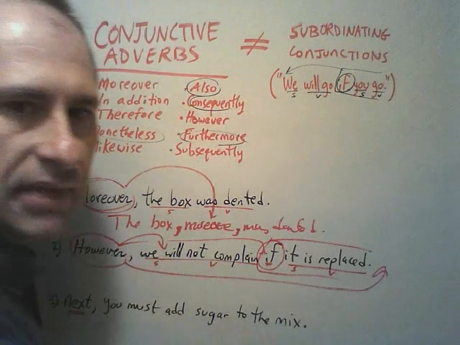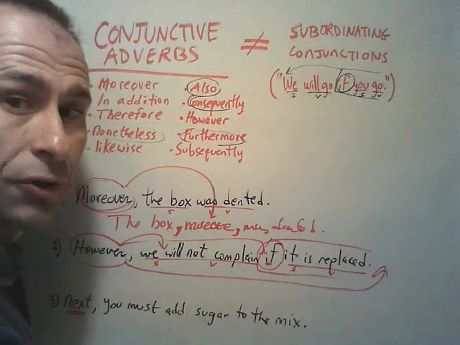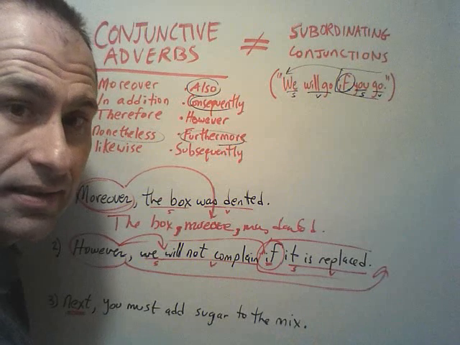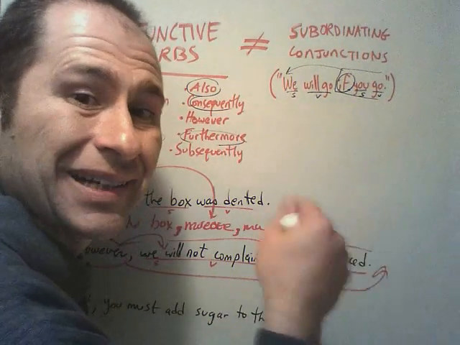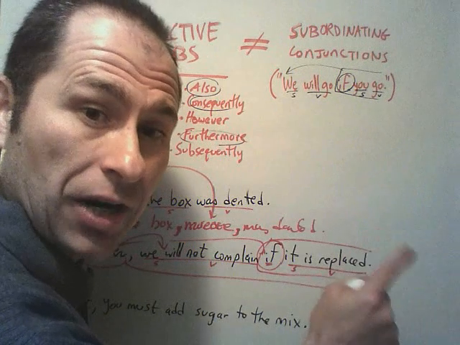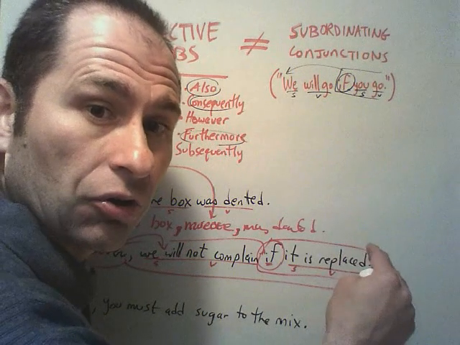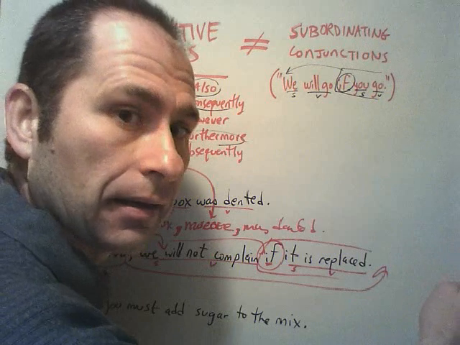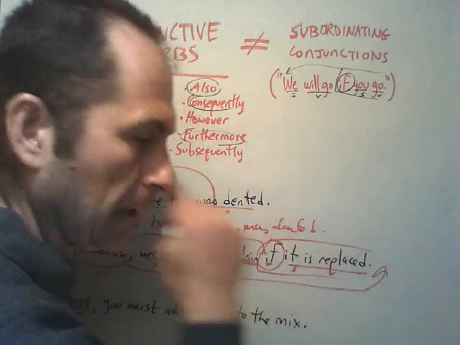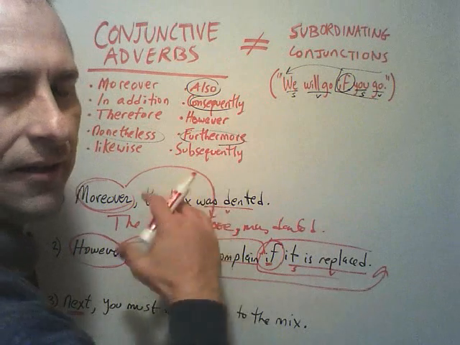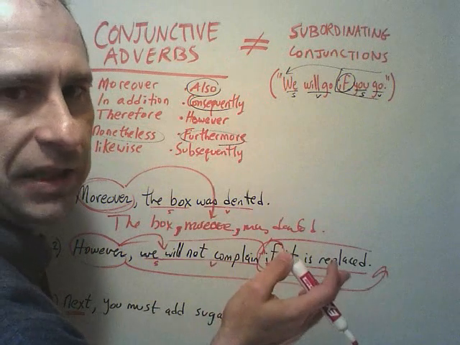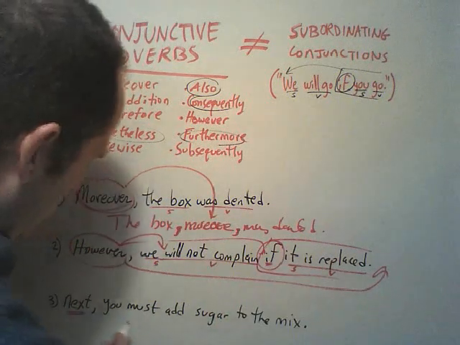Now I want to show you something about next, because I didn't put next on the list. It just depends on what group it's in. So again, be careful when you learn lists, because what if I say we will go next? All of a sudden, next is an adverb because it gives you more information about will go, when that verb will take place. Well, what if we go, next, you must add sugar to the mix, and we're talking like we're giving a how-to speech to make a cake or something, all right?